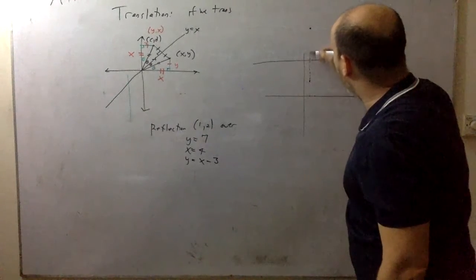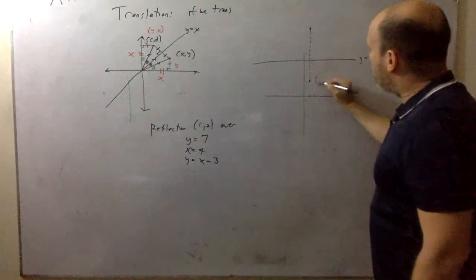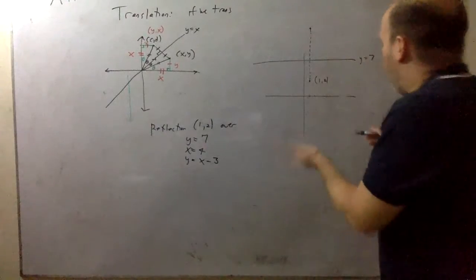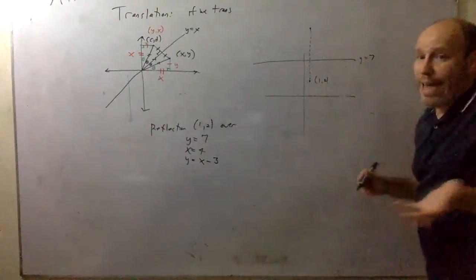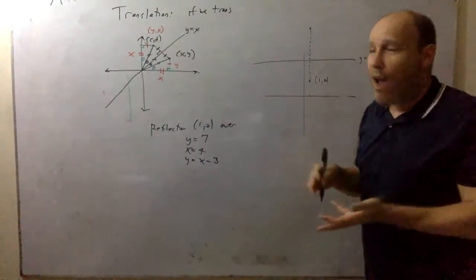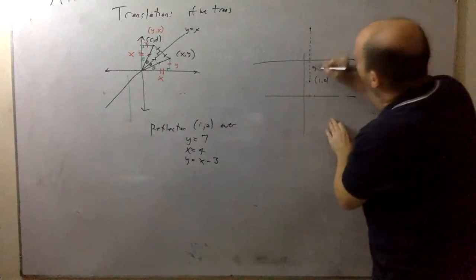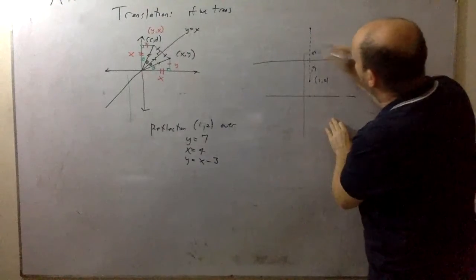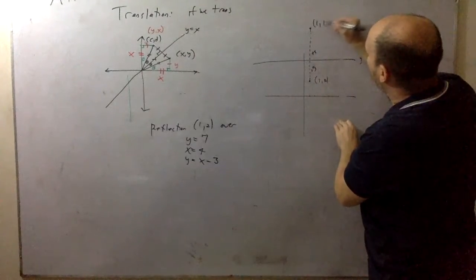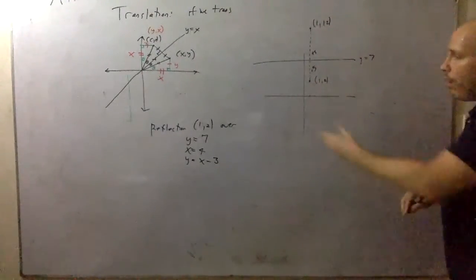And I know it's a perpendicular bisector. Let's see, this is (1, 2). The question is, what is the image? And you can count. You're on graph paper, I could count, but the idea is you're 5 away from line 7. Therefore, you better be 5 away up here. So we have (1, 12).